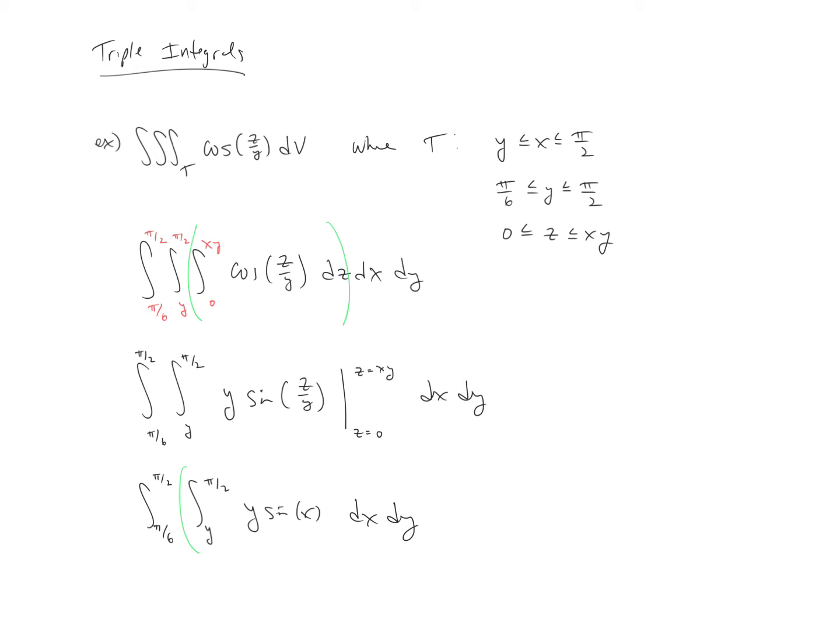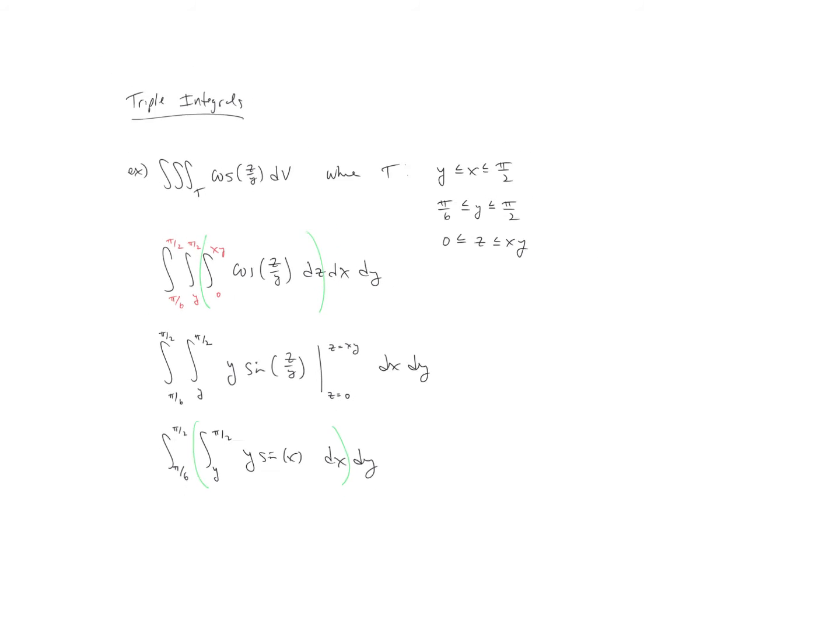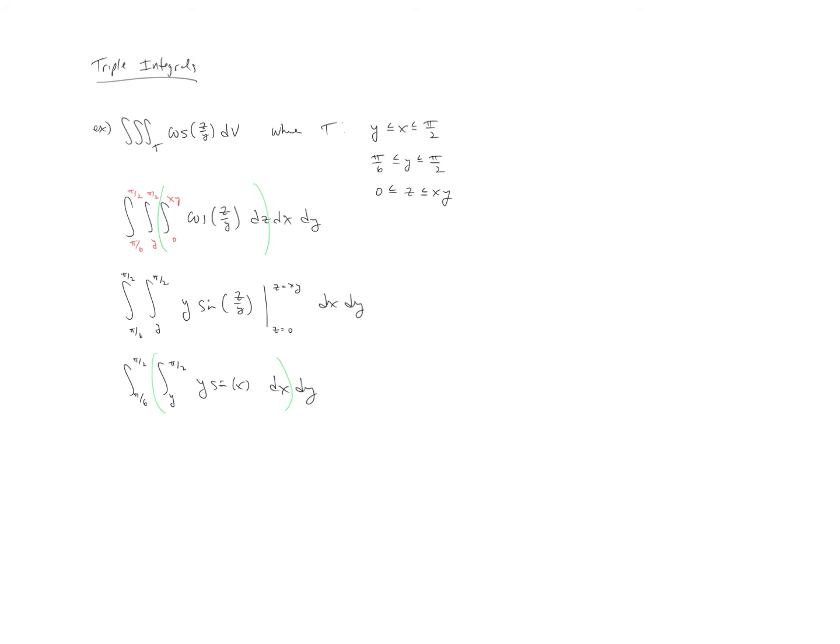So now I'm focusing in on this iteration here. And in doing so, my pi over 6 and pi over 2 are still there. Integrating this guy with respect to x is going to give us a negative y cosine x being evaluated from x equals y to x equals pi over 2. And we still have our dy there.